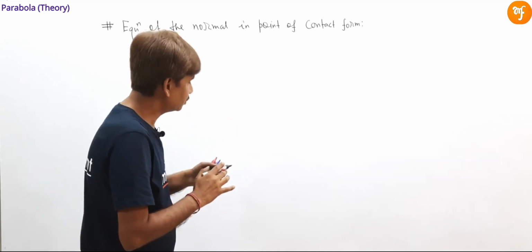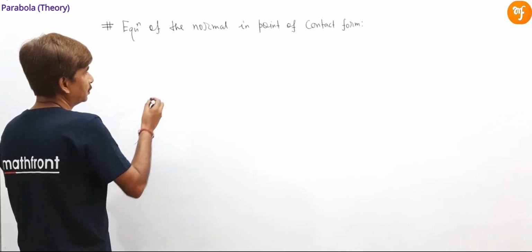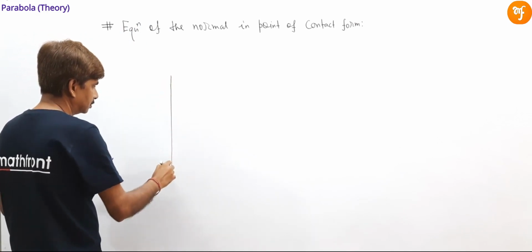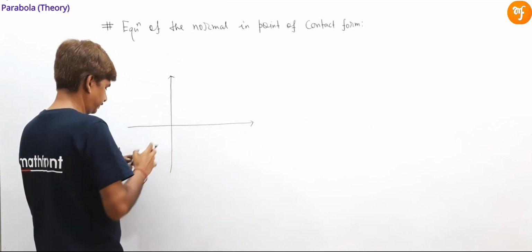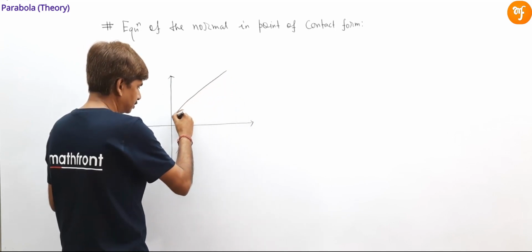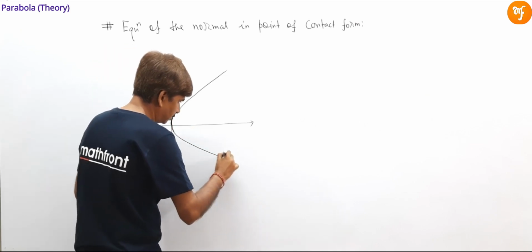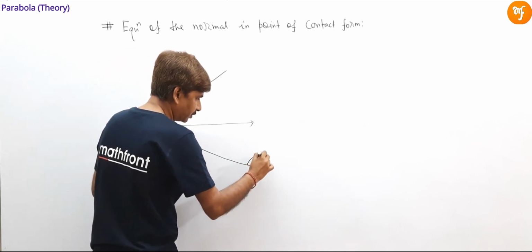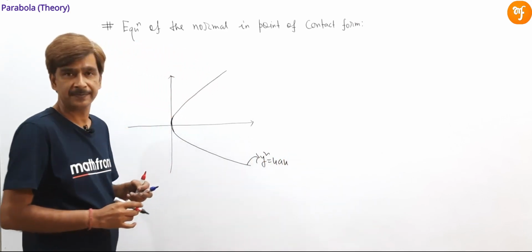Okay, so look, suppose this is the reference frame and the parabola is y square is equal to 4ax. Okay.